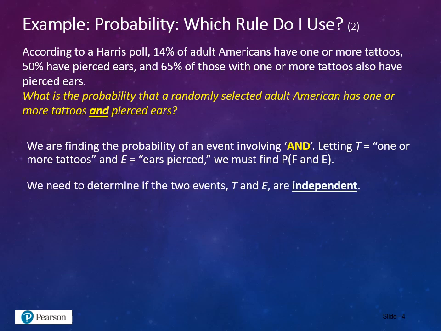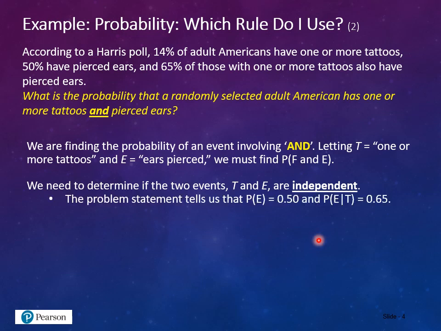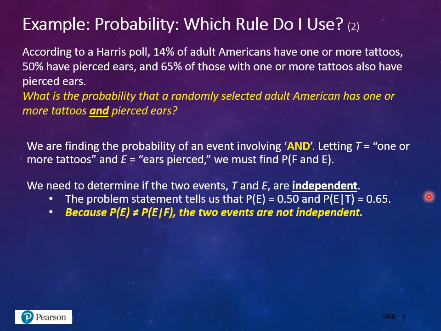We need to determine if the two events, T and E, are independent. The problem statement tells us that the probability of E is 0.50 and the probability of E given T, ears pierced given that someone is tattooed, is 0.65. Because the probability of E does not equal the probability of E given T, the two events are not independent.